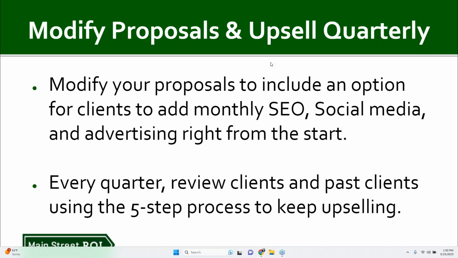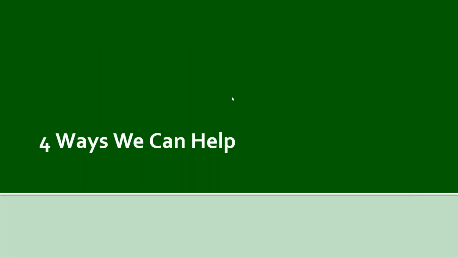So then on a monthly basis, just review your existing client list, even past client list, and then just go through that 5-step process that Mike walked through, analyze that client list, see if there's any opportunities to then follow up with those clients.